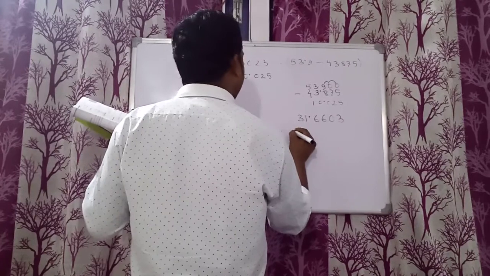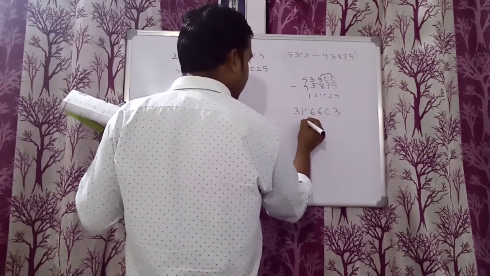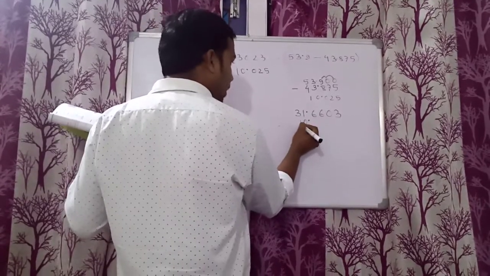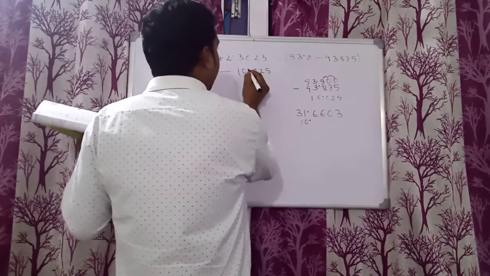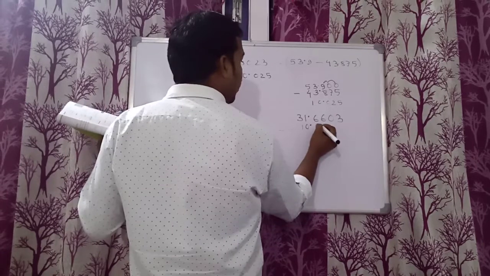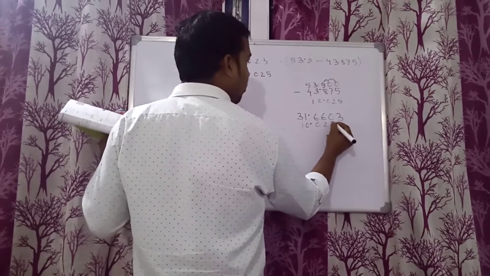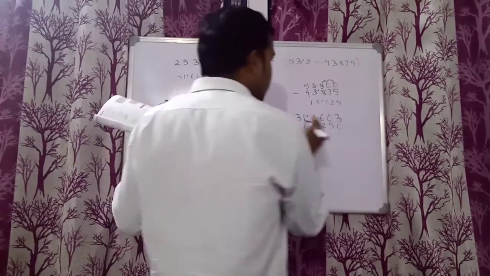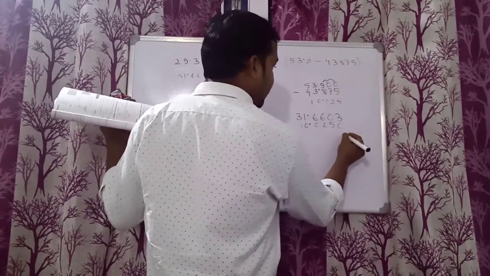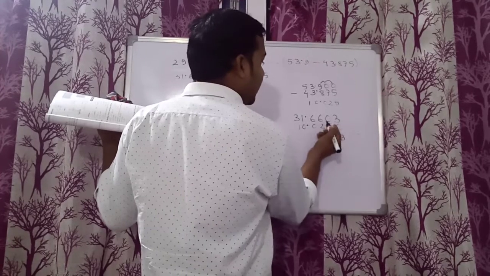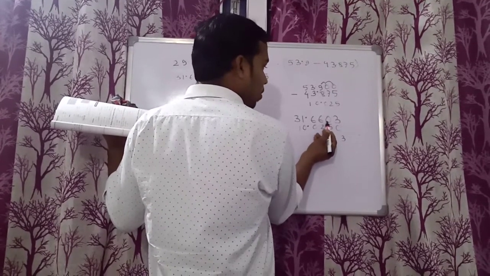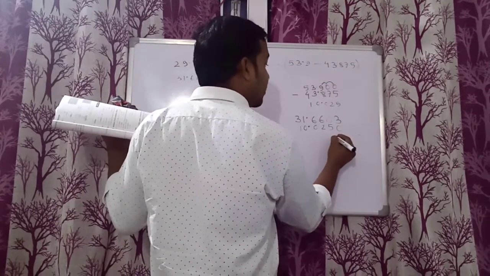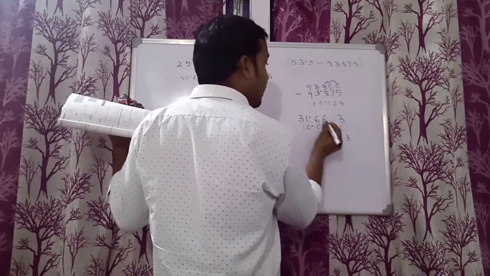Then you have to subtract from 31.6603 minus what? 10 point. Then before the point there is 0, put this 0. Then before that 1 is there, put 1. Then after the point there is 0, put 0. Then 2 5, here nothing is there, put 1 0. Then subtract it. If you subtract this one, 3 minus 0 is equal 3. Then here nothing is left. That means you have to take, here 0 is there, take 1. Then it will become 10. 10 minus 5 is equal 5. Then here 5 is left.